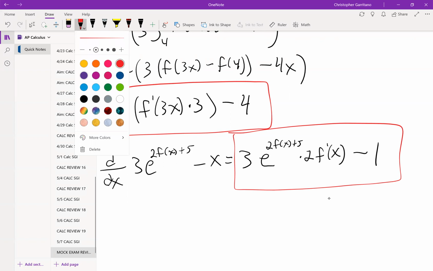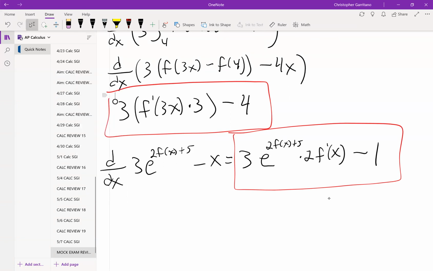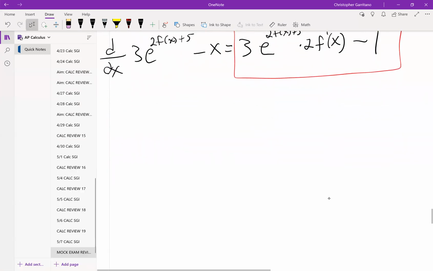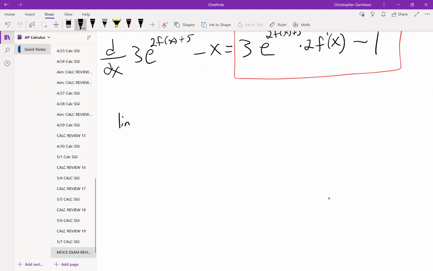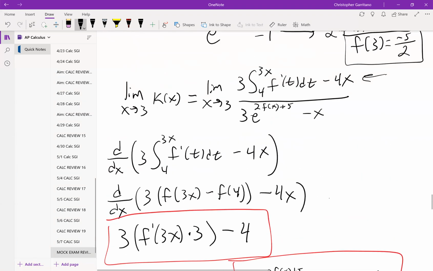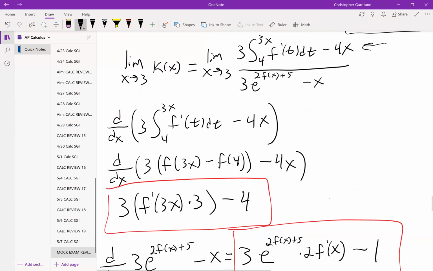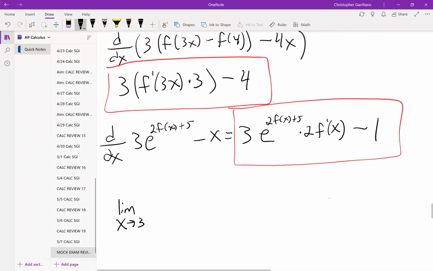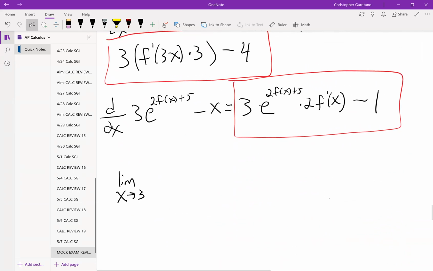And now let's find the limit. So L'Hopital's rule says the limit as x approaches 3 of k of x, if that approaches 0 over 0, then I can differentiate both the numerator and the denominator and find the limit of the ratio of those derivatives.